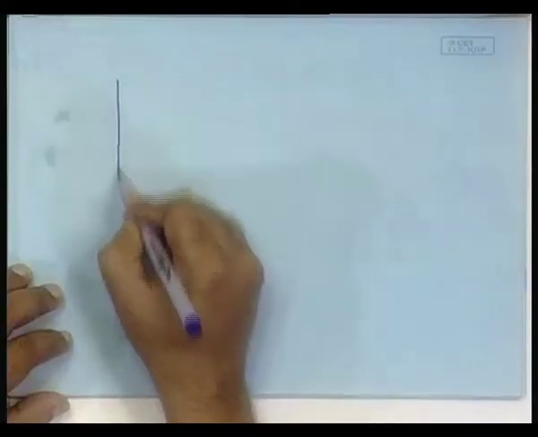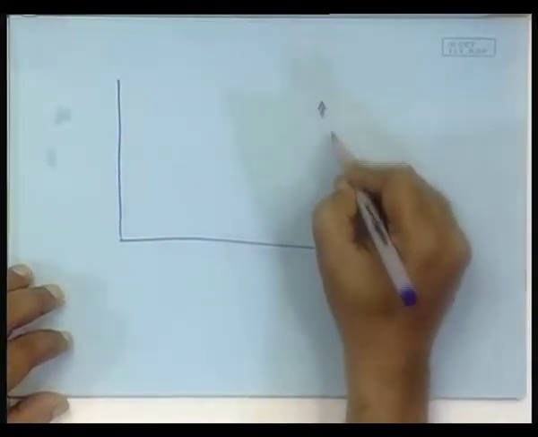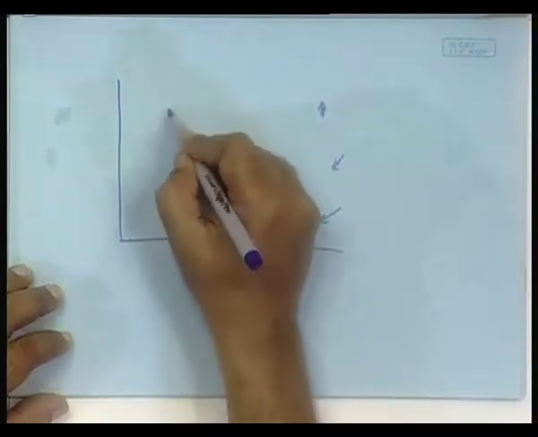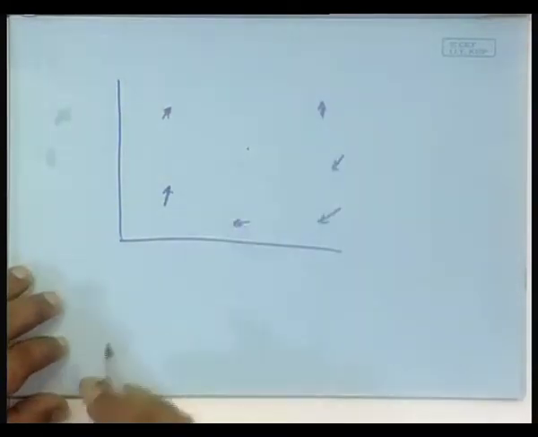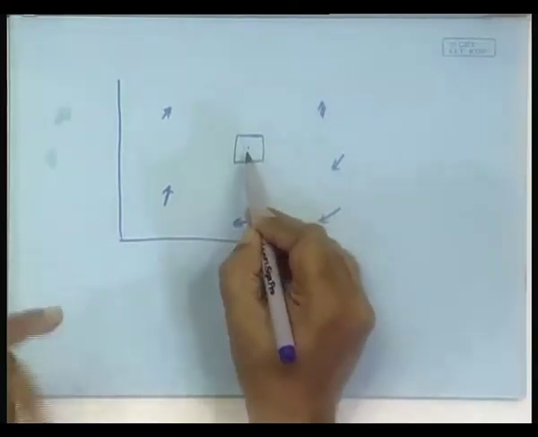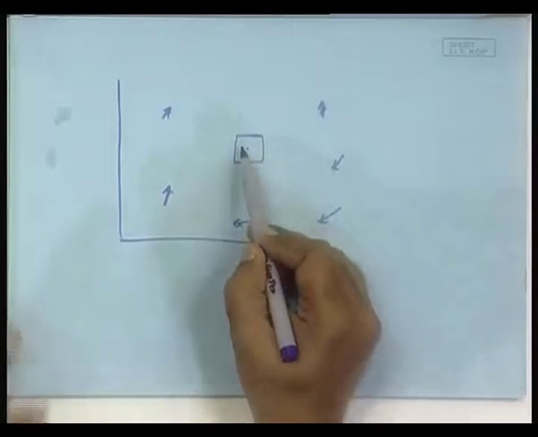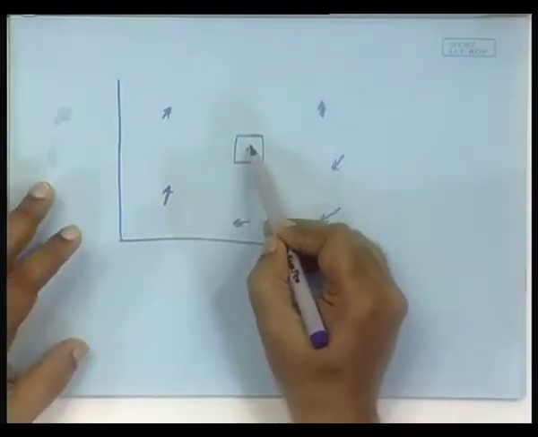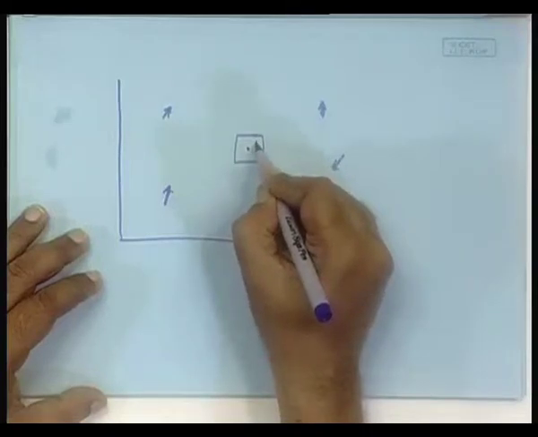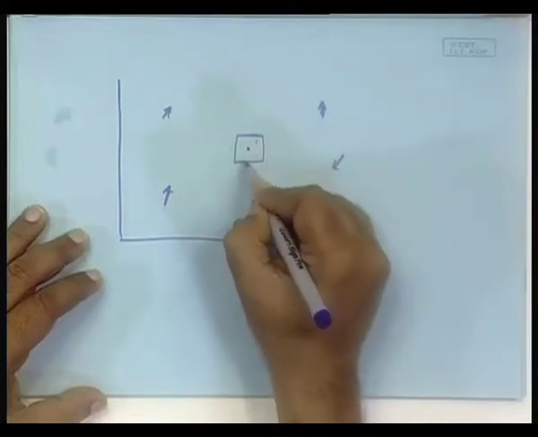Normally there will be the state space with all sorts of behavior in all sorts of places, but in the neighborhood of equilibrium points there would be a specific type of behavior given by this A matrix, which we will try to understand first.